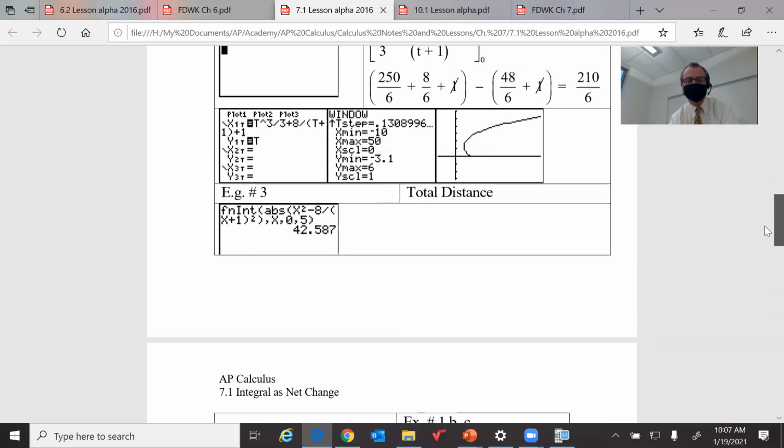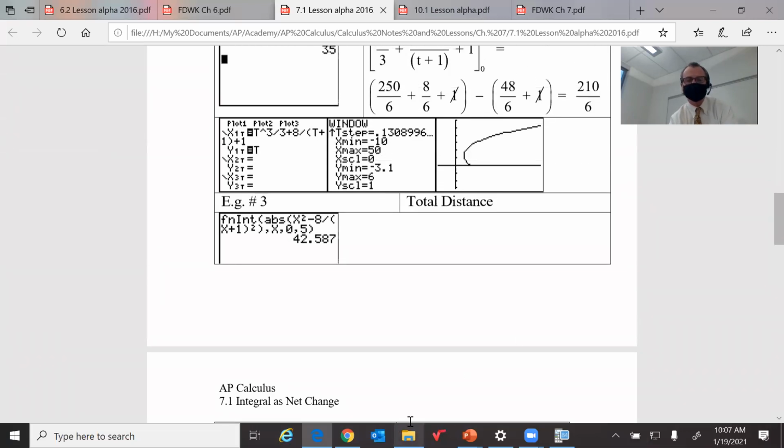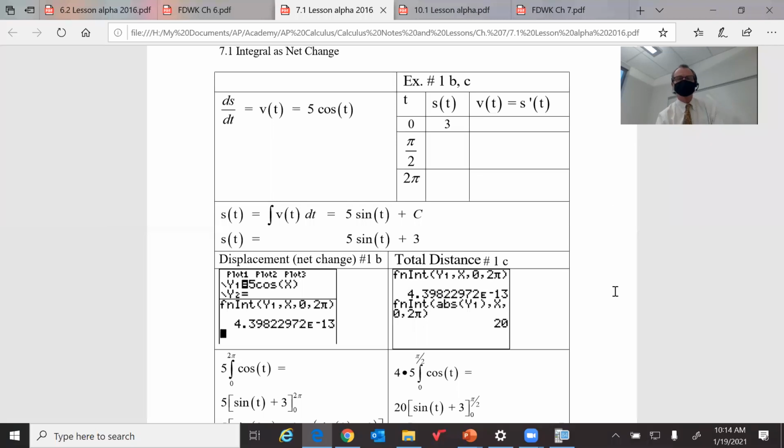So you're going to problem 1. I'm going to pause the video. For problem 1, the velocity is 5 cosine t. They tell you the initial position is at 3. So here is the H chart. You need that H chart, Ben?